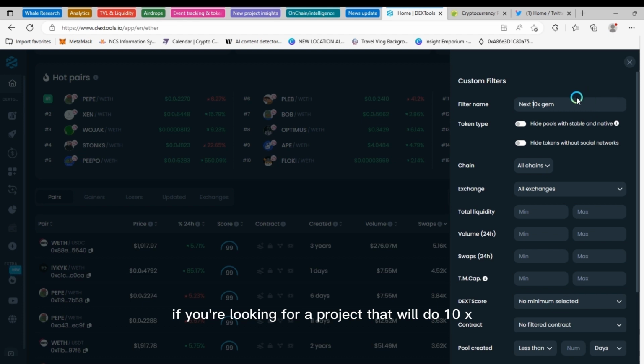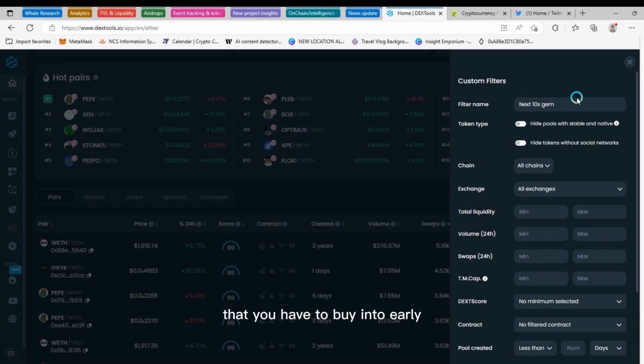If you're looking for a project that will do 10x, you're talking about projects that are early, that you have to buy into early, because if you must have your capital flip 10x, it means you have to get into that project before every other person gets to hear about it, before it goes viral. Yeah, and that's what it actually means.